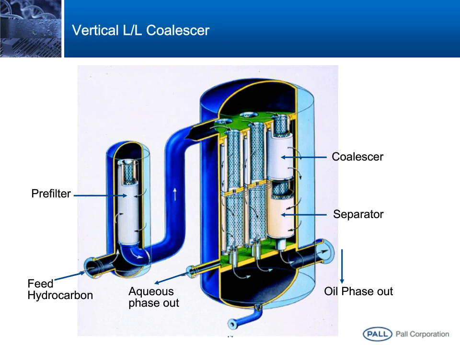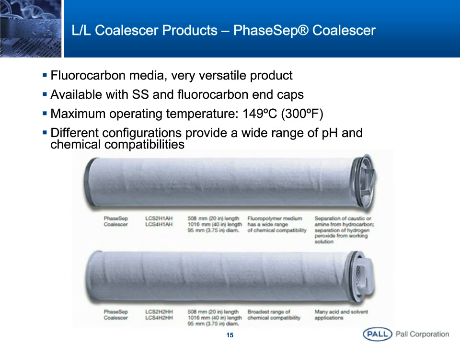Here you see the Sept coalescer. It is a versatile product that is used in the chemical and petrochemical industry quite a bit. One of the challenges in these markets is that the liquid that you're trying to filter or coalesce has to be compatible with the media of the coalescer. In this case, it happens to be fluorocarbon media, and even the end caps can be made of fluorocarbon or stainless steel.